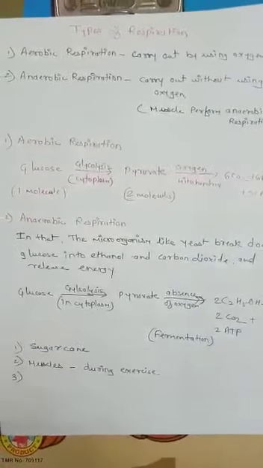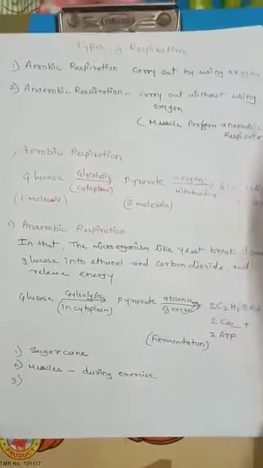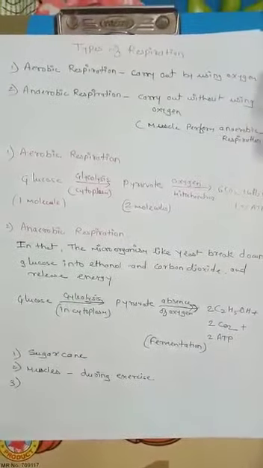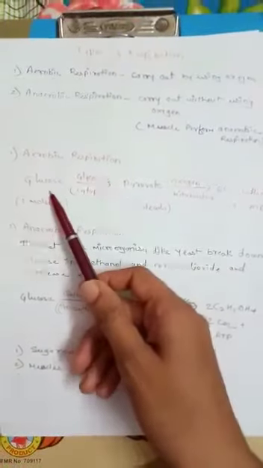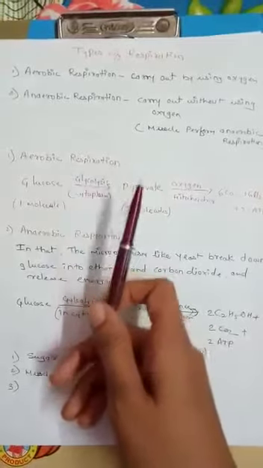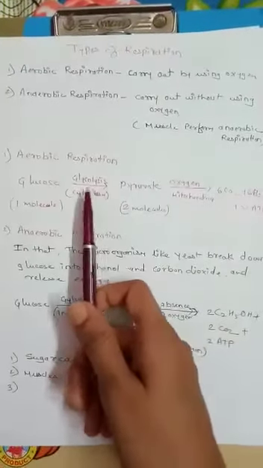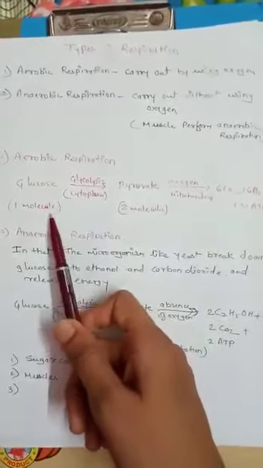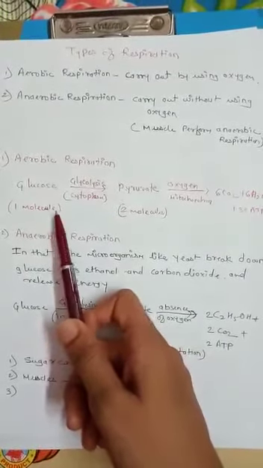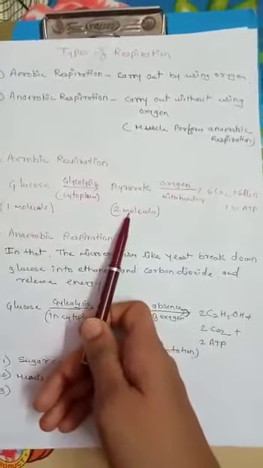Aerobic respiration is performed by using oxygen or in the presence of oxygen. So whatever food we have taken in the form of glucose, that glucose is converted into pyruvate, and that process is called glycolysis, carried out in the cytoplasm. One molecule of glucose will convert into 2 molecules of pyruvate.